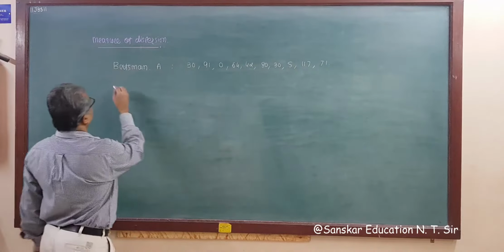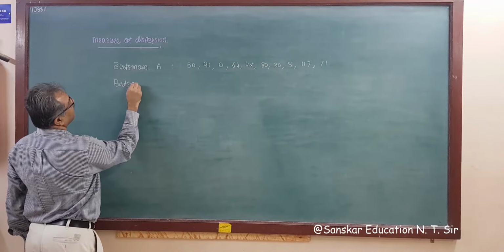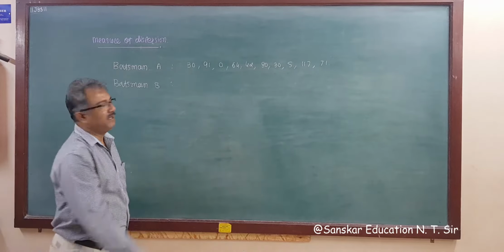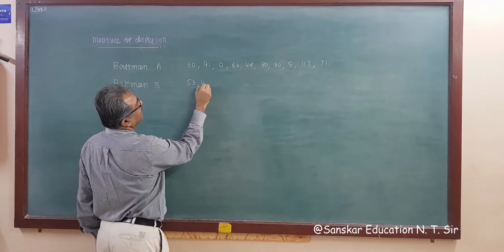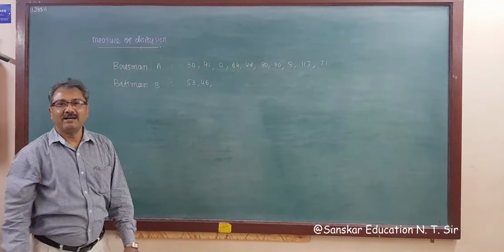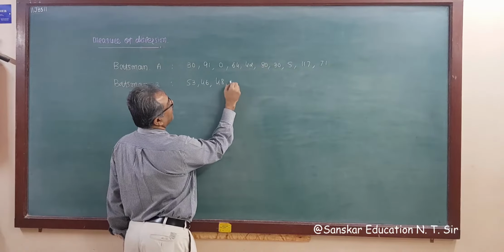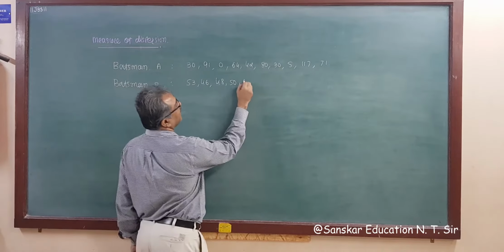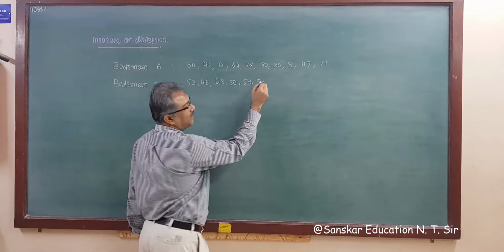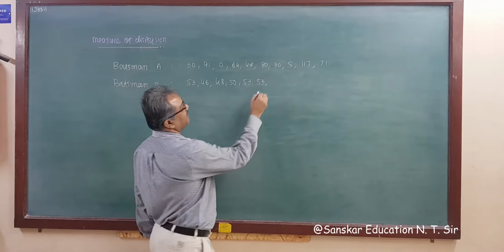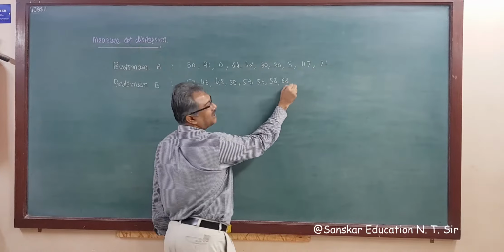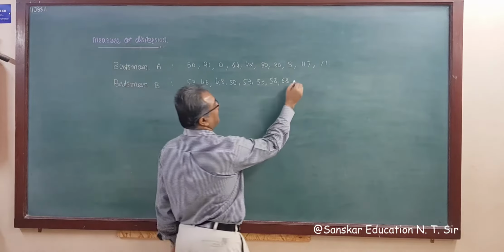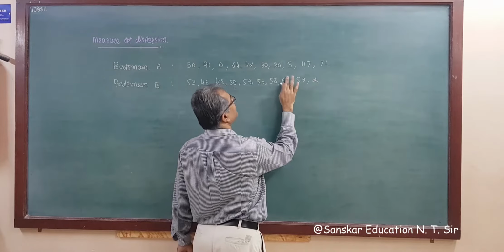Now for batsman B, the runs are 53, 46, 48, 50, 53, once again suppose 53, then 58, suppose 68, 57, and 2.